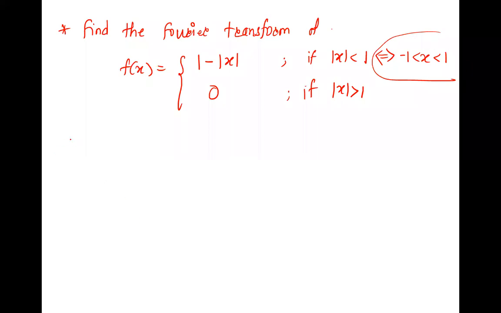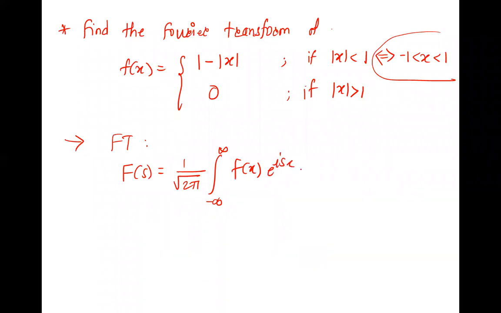Right? Chalo, we'll solve it. So the Fourier transform is f of s is 1 upon root 2 pi integration minus infinity to infinity f of x e raised to isx dx. But can you just tell me, if such an interval comes, what first comes to our mind? Minus 1 to 1 or minus 2 to 2 or minus a to a.